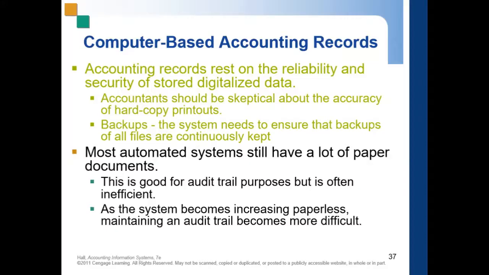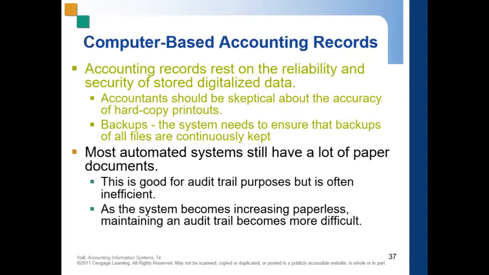Now again, backups, wherein the firm needs to ensure that backup of all files are continuously kept. Another thing, most automated systems still have a lot of paper documents. These paper documents are good for audit trail purposes, but it's often inefficient because with paper you have to do manual searching and so on. But paper documents are good for audit trail, and other paper documents also serve as backups.